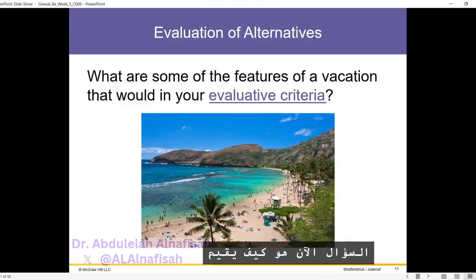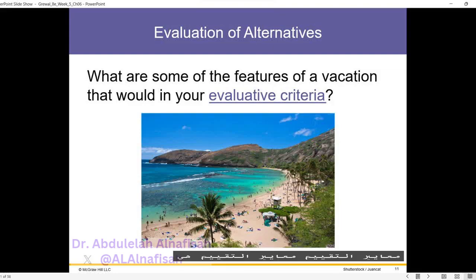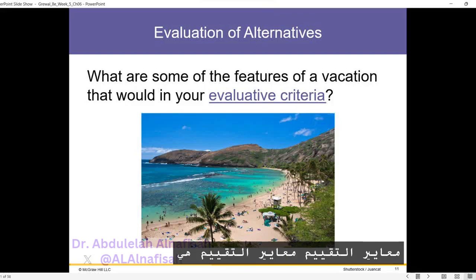Okay, now the question is how consumers evaluate various alternatives and what evaluative criteria and determinant attributes are in the consumer decision-making process. Let's summarize the key points. Evaluative criteria.